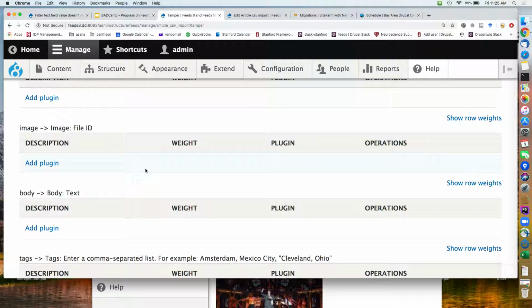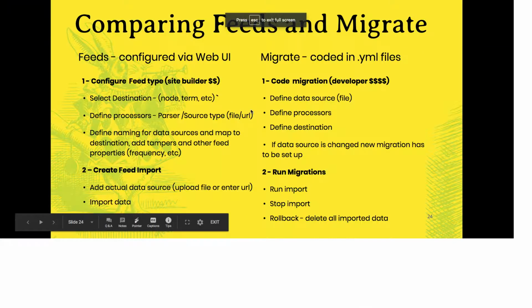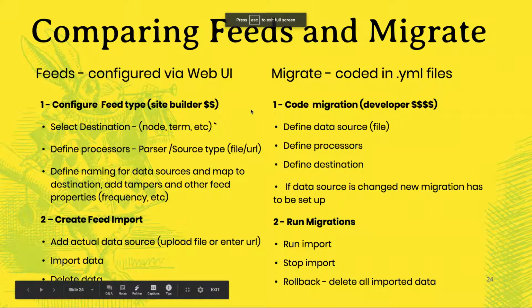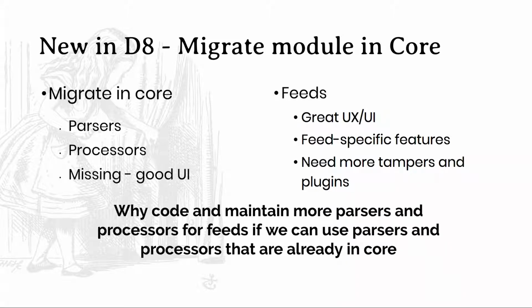Feeds also allows you to tamper things, which Migrate does with processors, and here we do it with plugins. So this all looks wonderful. And this is a big overview of how these modules compare. So the question is, now we have a great, wonderful, very powerful module in core. So we don't need to do anything. We have all processors.